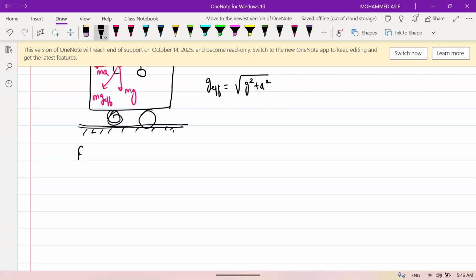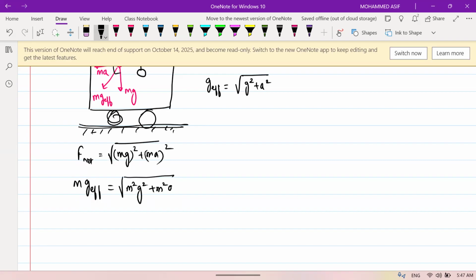So F net is equal to under root of (mg) whole square plus (m into A) whole square. Parallelogram law of addition. M into G effective will be equal to under root of, this value will be equal to how much? M square G square plus M square A square.